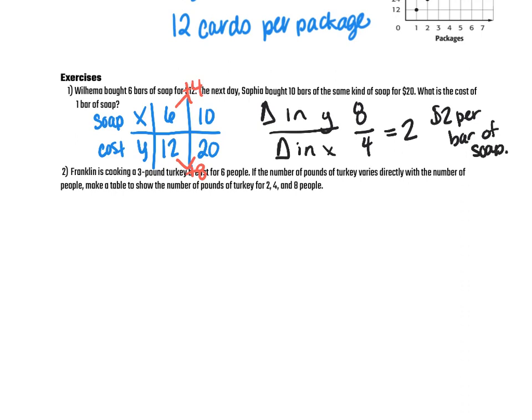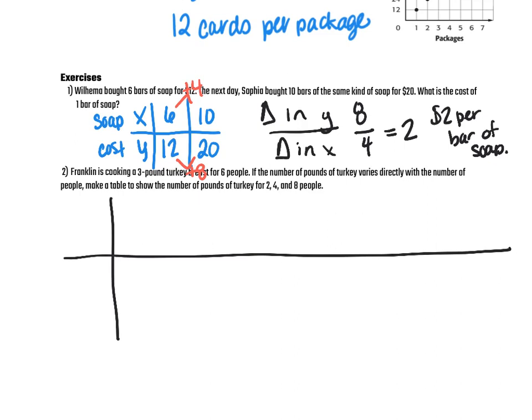Okay, and our last one, we're going to make a big chart. So it says Franklin is cooking a 3-pound turkey for 6 people. Okay, if the number of pounds of turkey varies directly with the number of people, make a table to show the number of pounds of turkey for 2, 4, 6, 8. So I'm going to just break it down for all the way through 8. Okay, so what are we going to define X as?